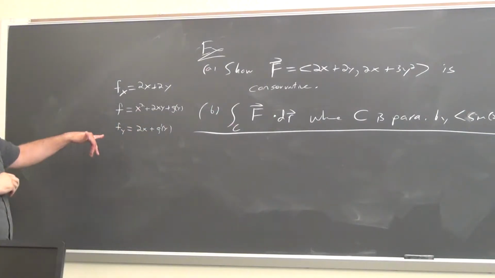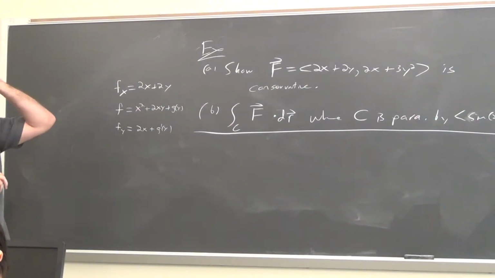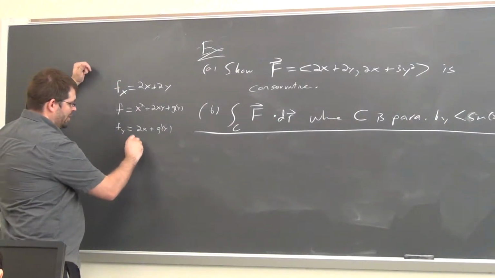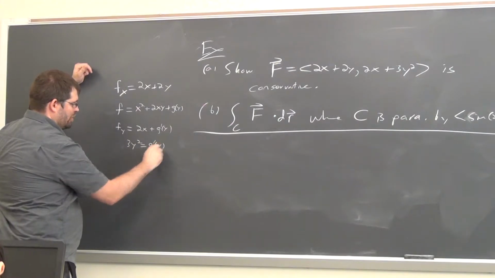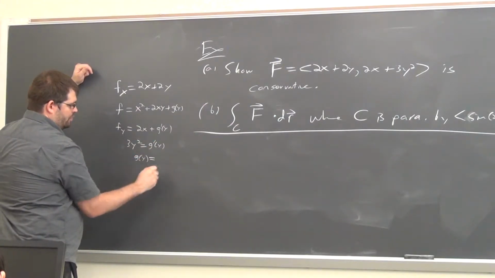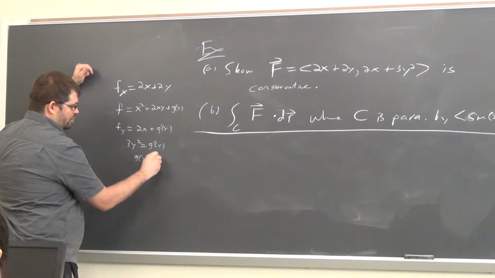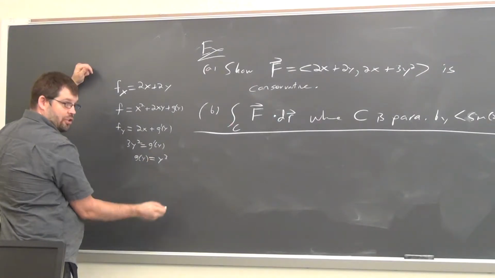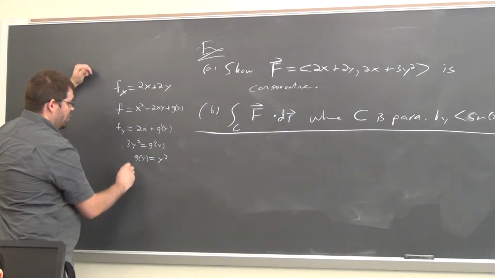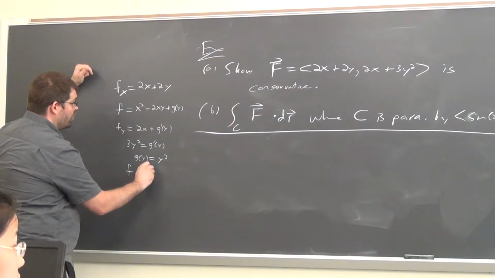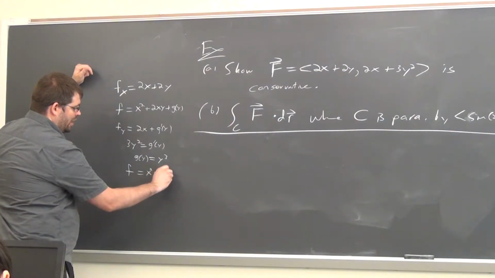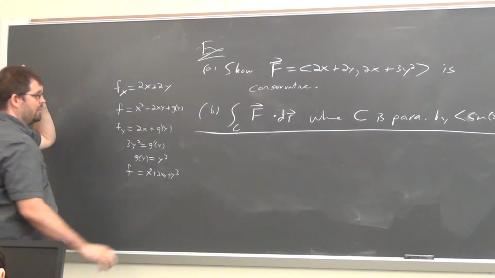What is it supposed to be? 2x plus 3y squared, so you know 3y squared is your g prime of y. So what's g? y cubed, right? And so your f should be x squared plus 2xy plus y cubed. So there's your a.